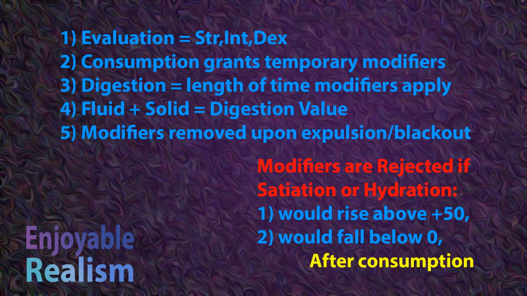The first is if current value of either satiation or hydration would rise above +50 or drop below 0 after consumption. The second is if a blackout or expulsion occurs, which will remove all currently applied modifiers and remove associated digestion periods.